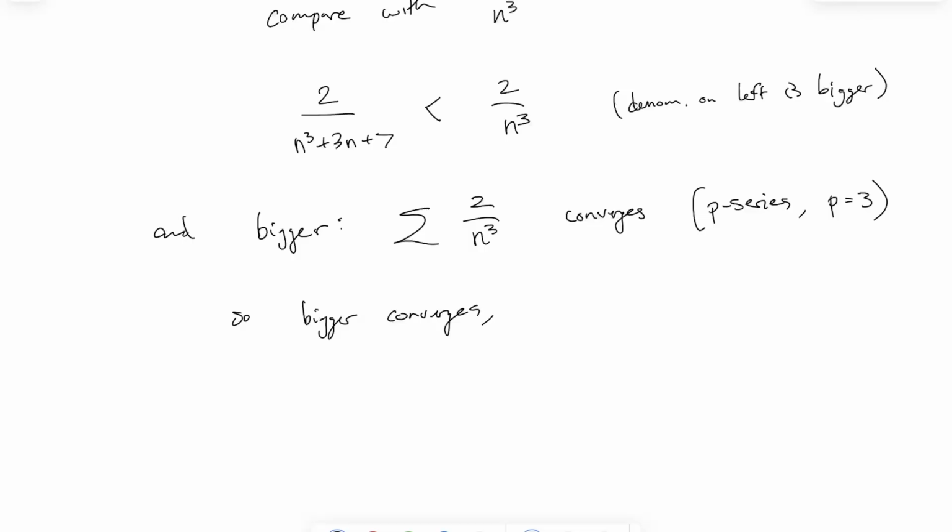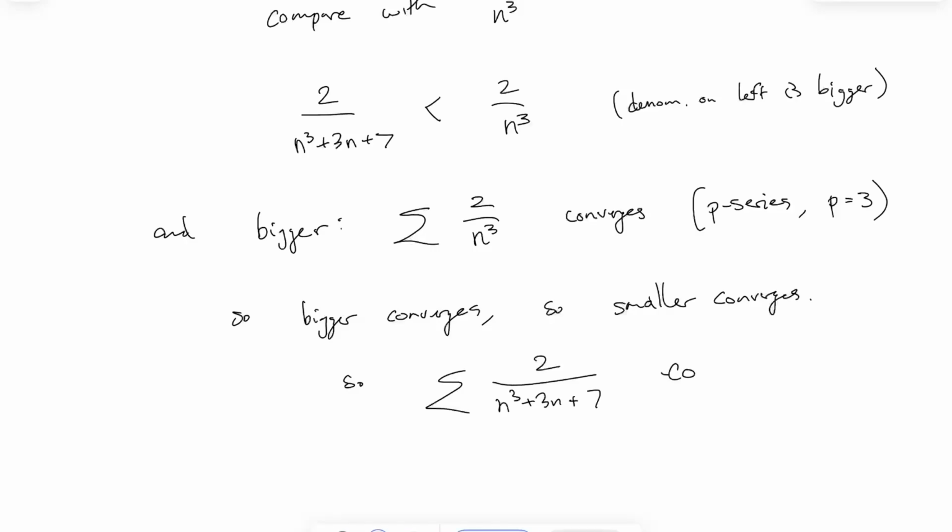By the comparison test, that means the smaller also converges. And that's what we were trying to demonstrate all this time. So the series 1 over n cubed plus 3n plus 7 converges. That's my answer.